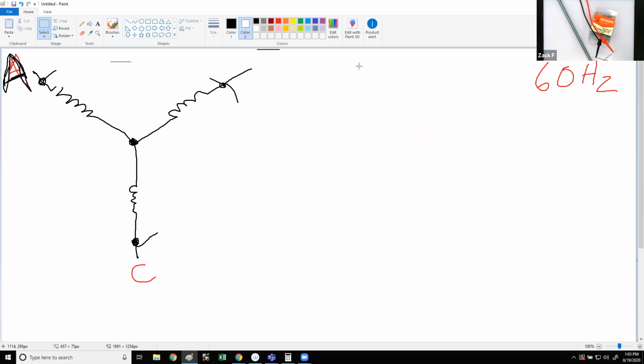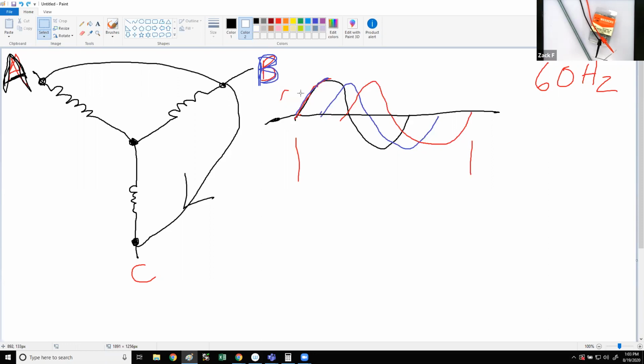Now I gotta draw this. So if we switch any two leads, we're still being provided with power from Ameren in this format here. But at the motor, we're going to switch these two leads. In other words, we're switching Ballard and Connor.